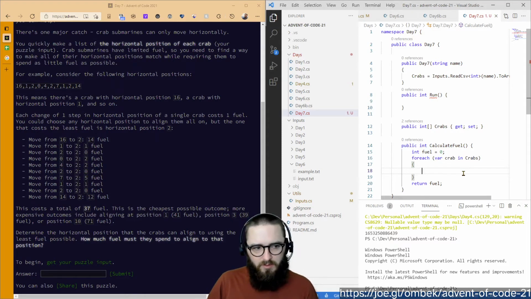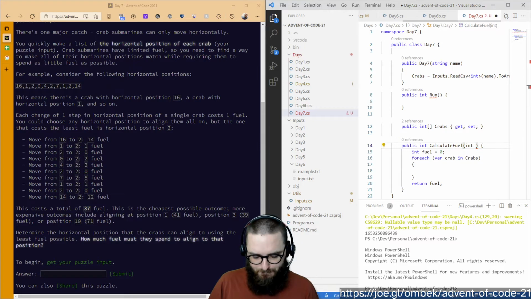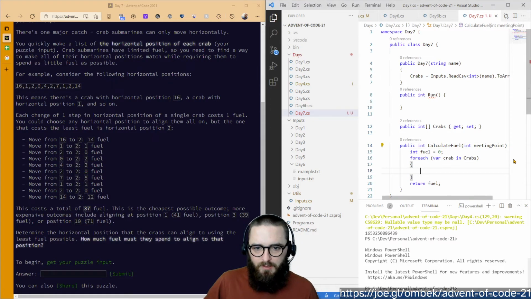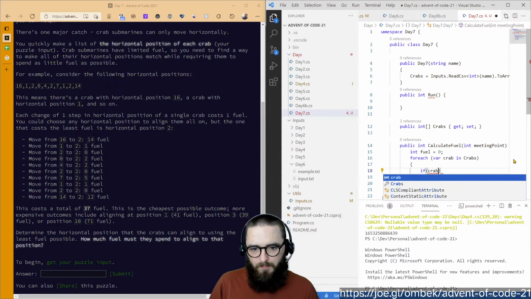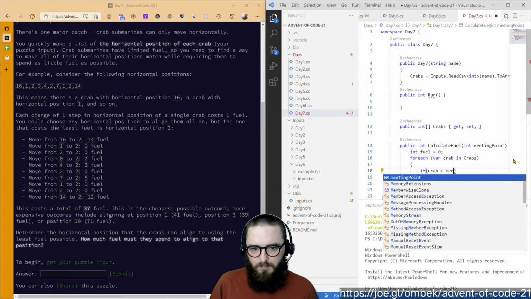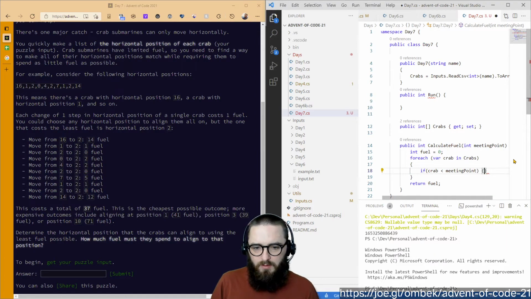So then I'm going to do a fuel equals int meeting point. Then I'm going to say if crab is less than meeting point, fuel plus equals meeting point minus crab.